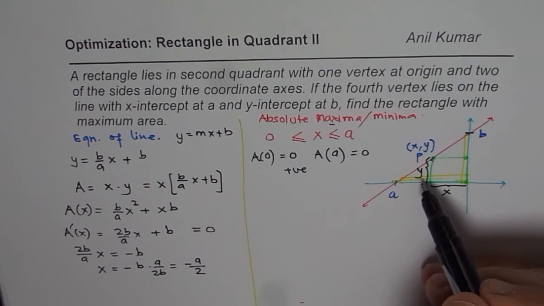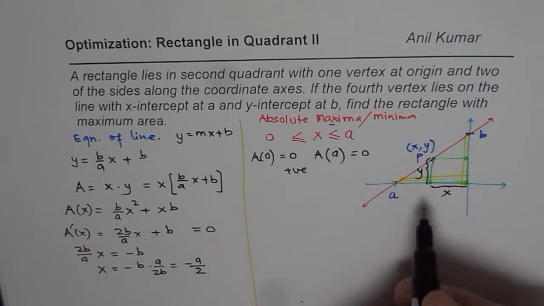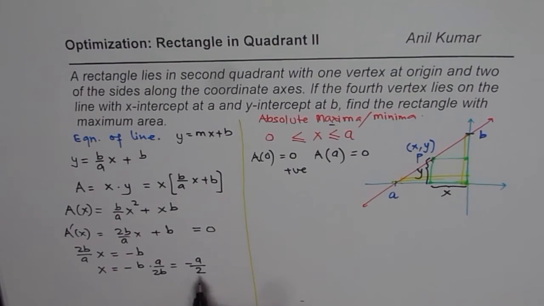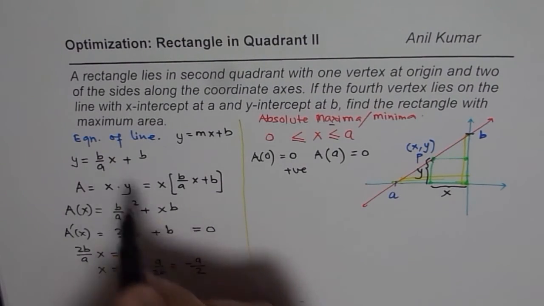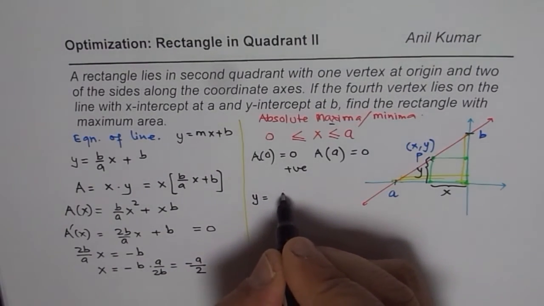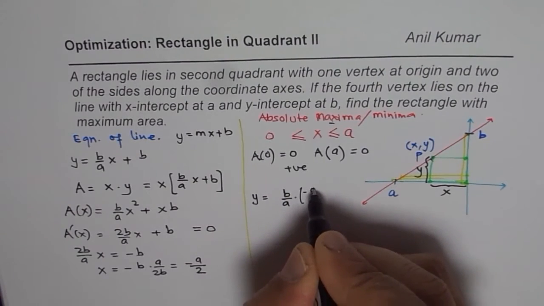As far as the area is concerned, we have to take absolute values. Remember that. So what you get here is x is half of a. Now if I substitute this value of x in y, then I can get the y value also.